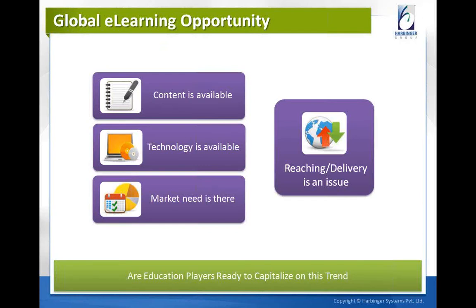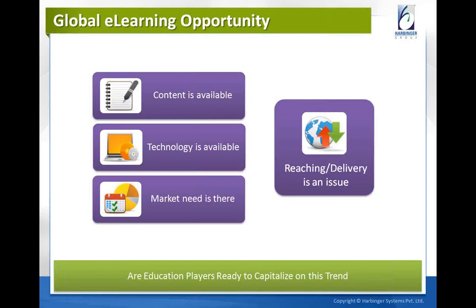This e-learning content is already available. The required textbooks are already in ebook format, which could be easily accessible. Large educational publishers are converting their textbooks into e-learning format. They are digitalizing their offerings, and this is taking place at a rapid pace.